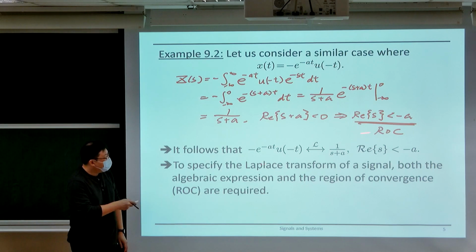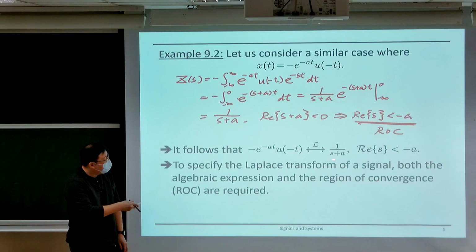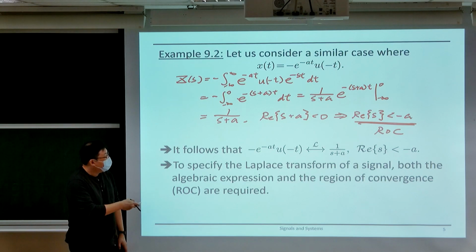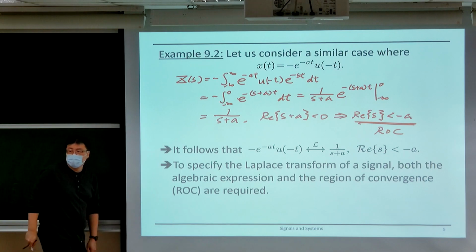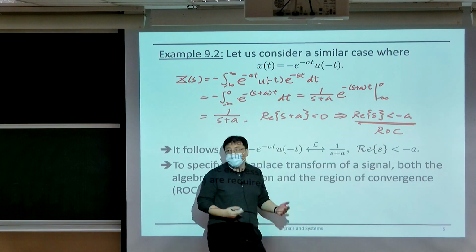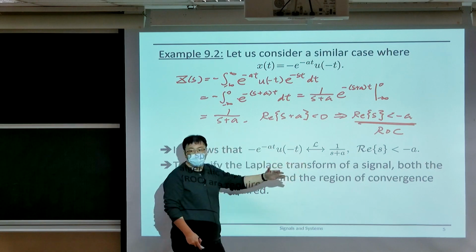Because if you compare this case with the previous case, you can see that they both have the same algebraic expression, 1 over s plus a. But they actually correspond to completely different signals. And this difference is specified by the region of convergence. If you don't specify this, then you don't know if this is a left-sided exponential or a right-sided exponential.